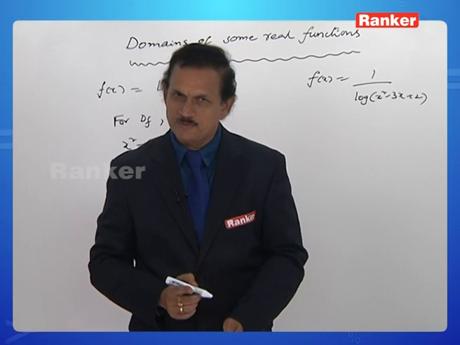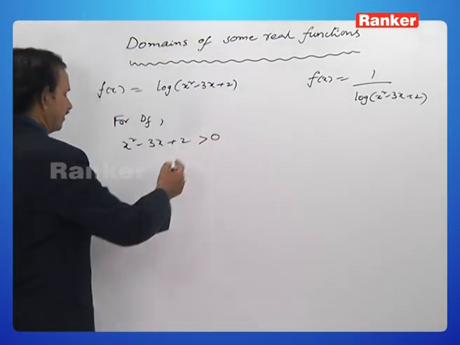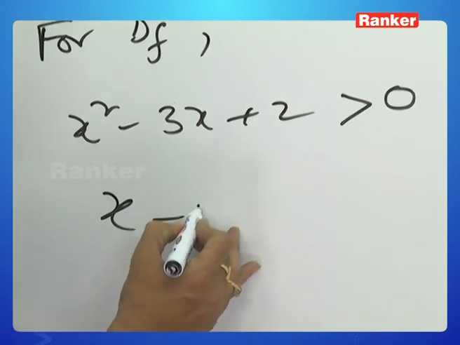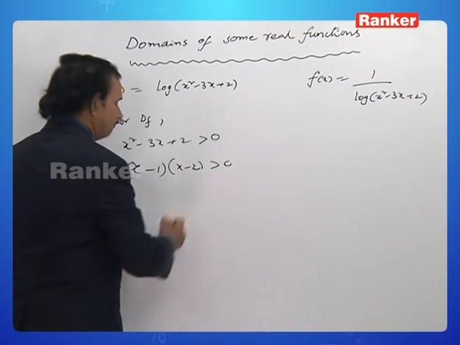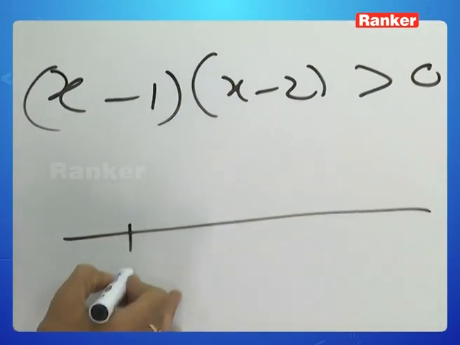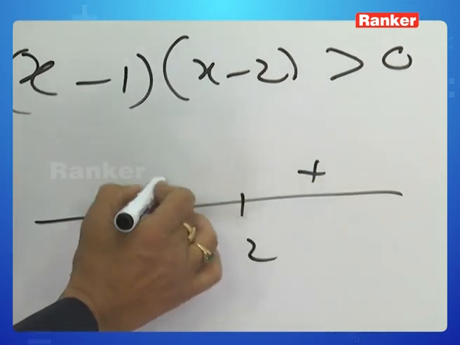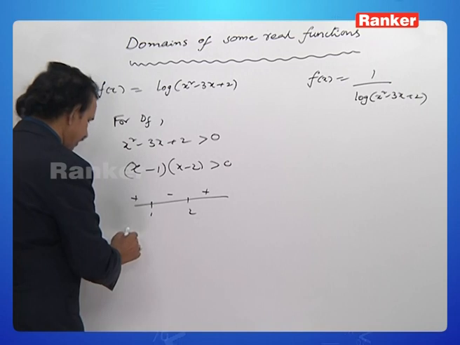Hence, it must be positive, that is x square minus 3x plus 2 is greater than 0, thereby x minus 1 into x minus 2 is also greater than 0. By applying the sign concept, positive, negative, positive. To have the positive region, what is the domain of f here?